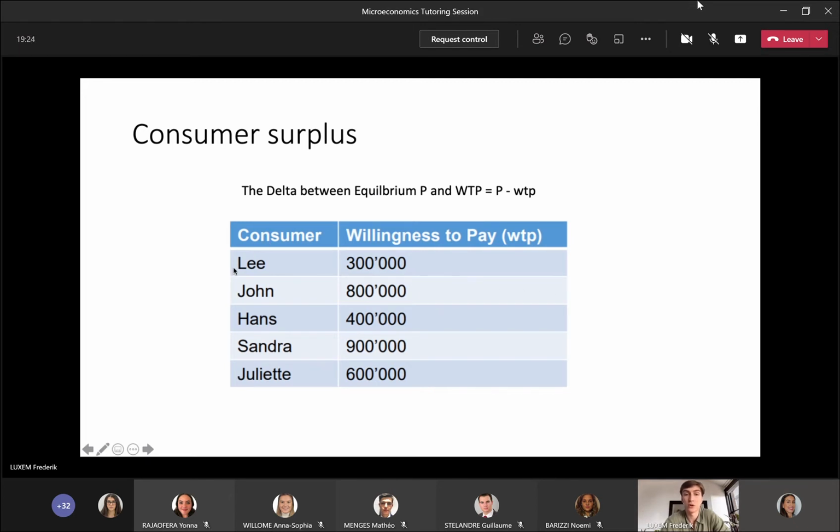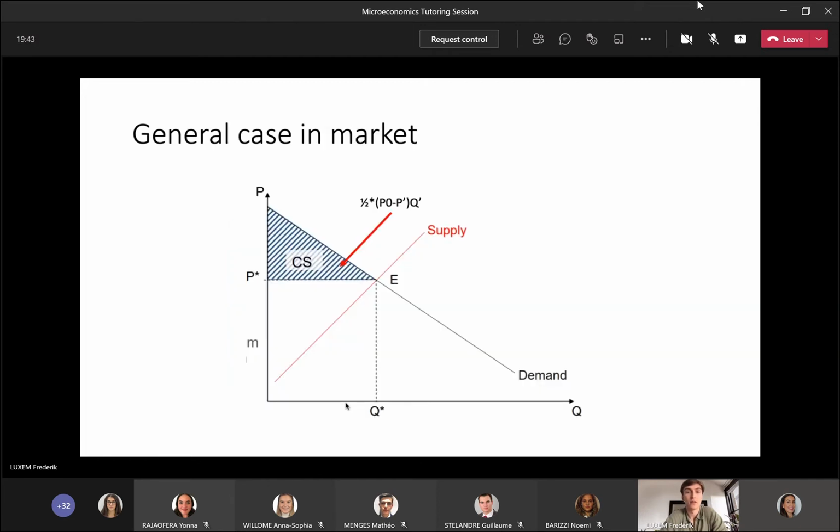So for the consumer Lee, his individual consumer surplus would be 100,000 because he's willing to pay 300,000, but the price is only 200,000. And this you can go on with everyone, it's the same. The consumer surplus on the graph is represented as the area between the y-axis and the equilibrium point of two slopes meeting.